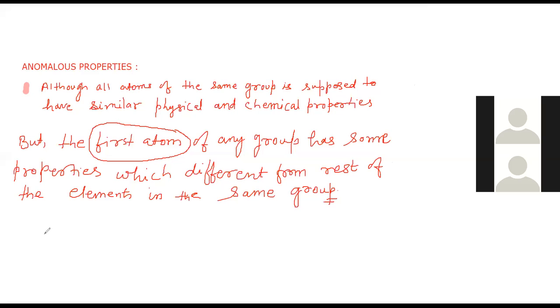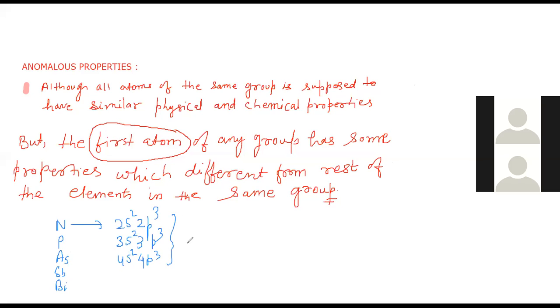Like if you see nitrogen, phosphorus, arsenic, antimony and bismuth, each of these has 2s2 2p3, 3s2 3p3, 4s2 4p3.